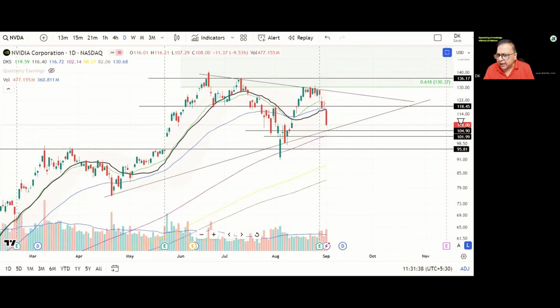So I see 101 to 104 is a significant demand area in Nvidia. Now, this particular stock had come in the downtrend in the short-term basis because EMA 21 crossed under EMA 55 during this time of correction. Whenever there is a change in the market expectation, even on the short-term basis, we need to have some kind of reversal chart pattern.